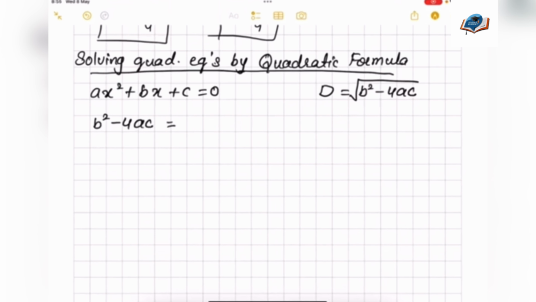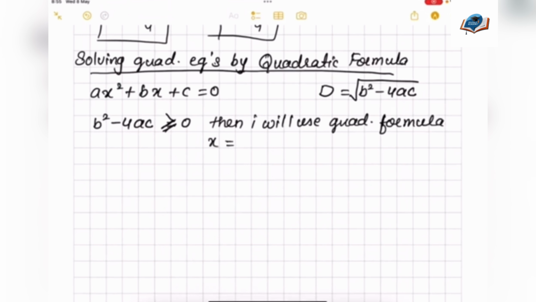If it is greater than or equal to 0, then two real roots. If it is greater than or equal to 0, then I will use the quadratic formula, that is x equal to minus b plus or minus root of b square minus 4ac upon 2a.